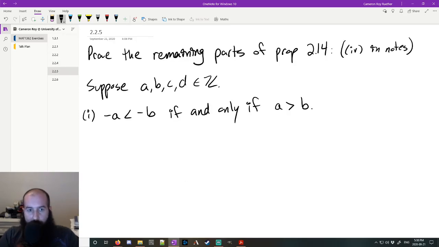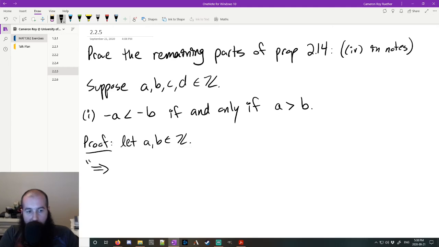Exercise 2.2.5 is to prove the remaining parts of proposition 2.14, with part 4 being in the notes. Part 1 says that if we have negative a is less than negative b, this is if and only if a is greater than b. So because this is an if and only if, we have to work in both directions. So proof. Let's let a and b be integers.